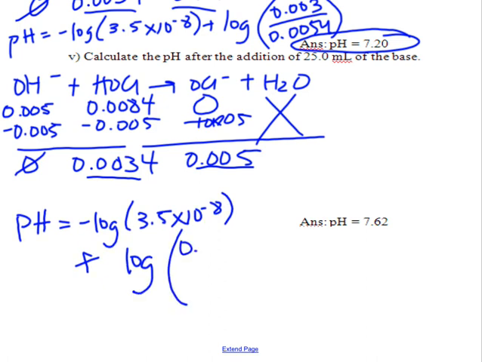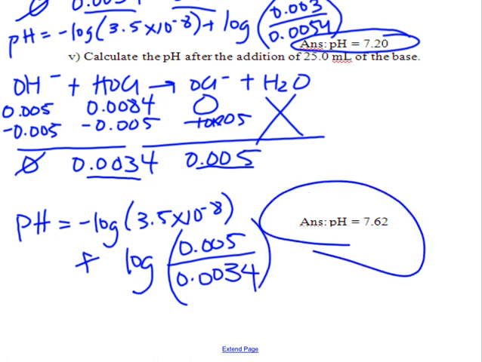We can use moles since it's a ratio. And you should get something in the neighborhood of 7.62. Okay, we're getting there.